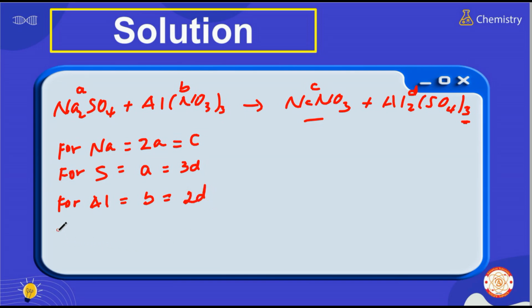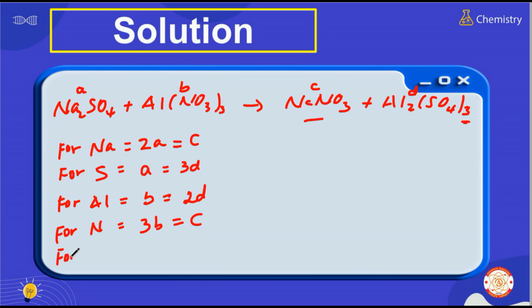And for nitrogen, so how many do I have here? I have 3, because this multiplies both oxygen and nitrogen. Therefore, I have 3 nitrogen atoms. 3B equals, and how many nitrogen atoms do I have on the right hand side? Just 1. So it's equal to C.